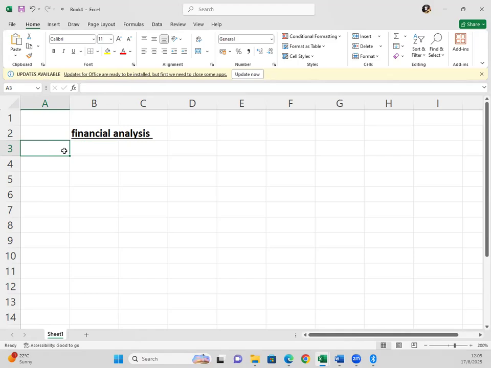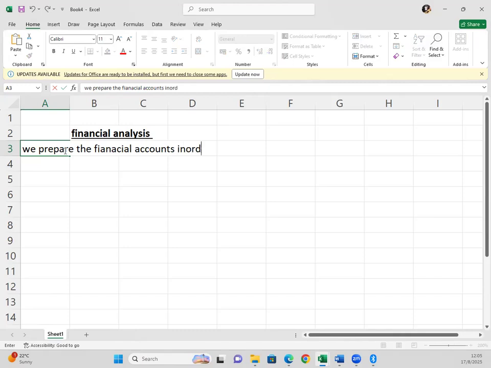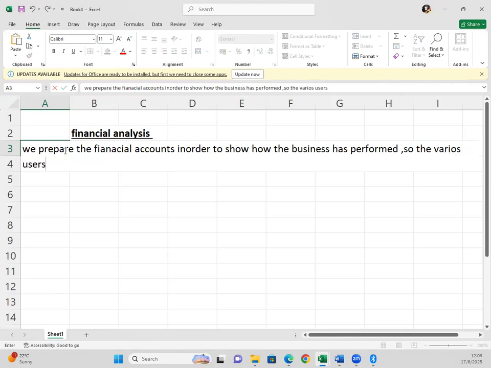And so we prepare the financial accounts in order to show how the business has performed, so that the various users of the accounts can make decisions out of the information.